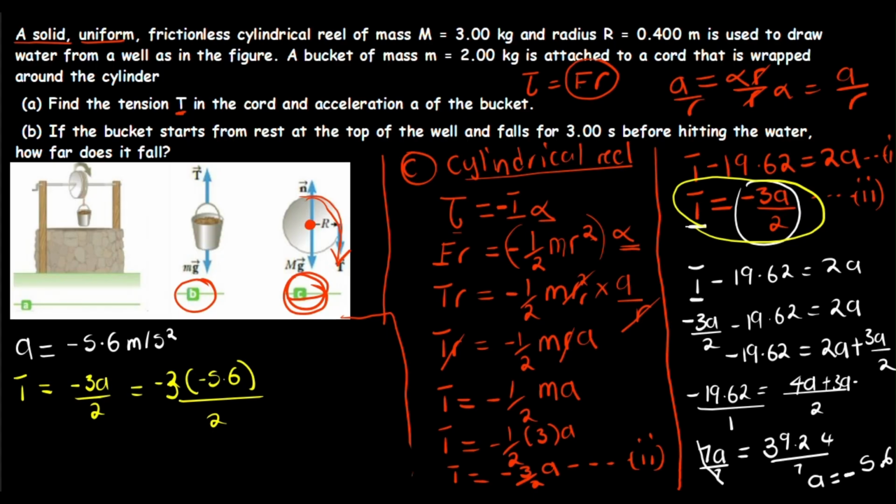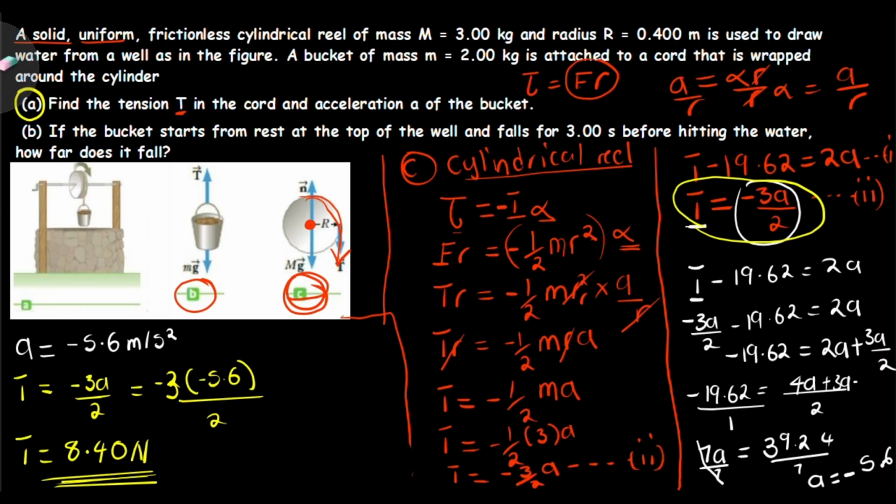Then after dividing, your answer that you get is 8.4. So, in short, my tension is 8.40 newtons. So that is how you calculate question A. So I'm done with question A.